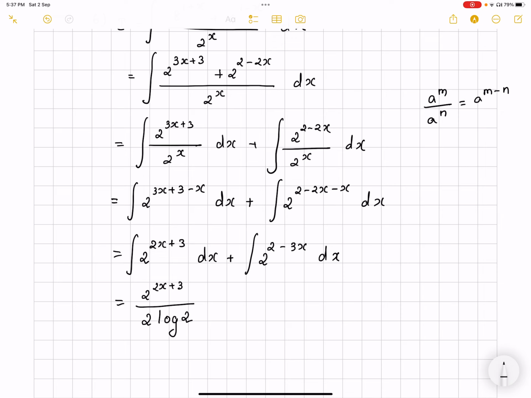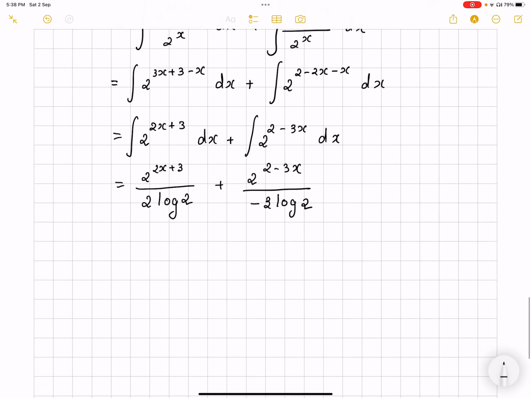And then here I would be having plus 2 to the power 2 minus 3x divided by minus 3 log 2. That's it. So here, it's going to be 3 log 2 and then this one log 2. I think we are done with it.